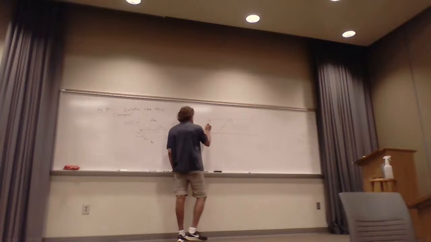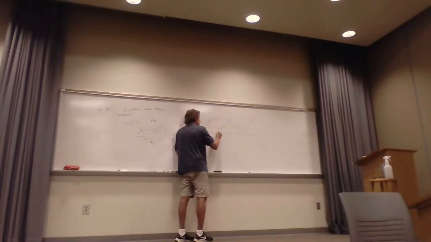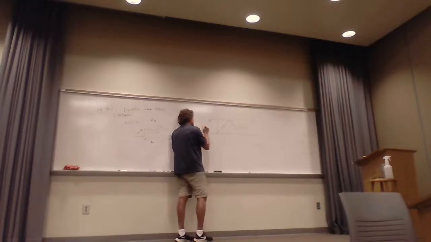So he says if this is A, we're going to start adding some complexity. This material can have a given permittivity, or an index of refraction. Just call it N sub S, for slab.